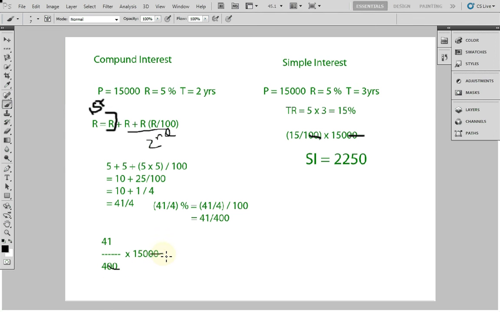These two get cancelled. Here 3 is 12, cancel this, for 10 times it's 40. 10.25 into 150. 10.25 is nothing but 1 by 4.